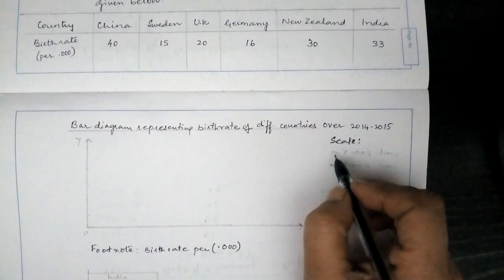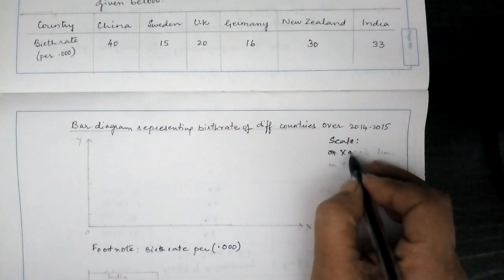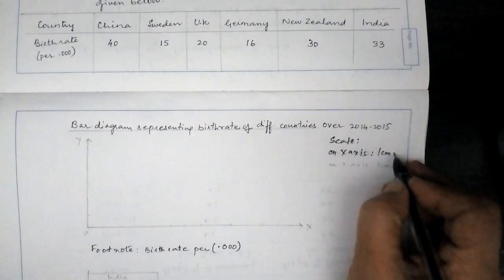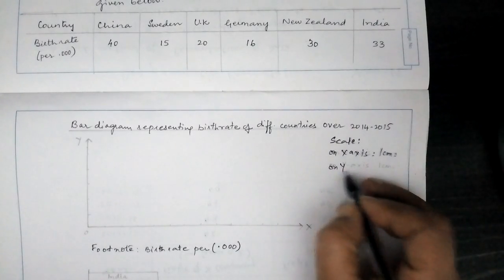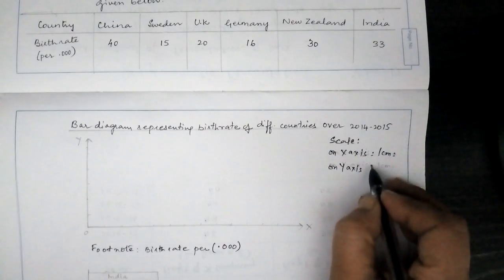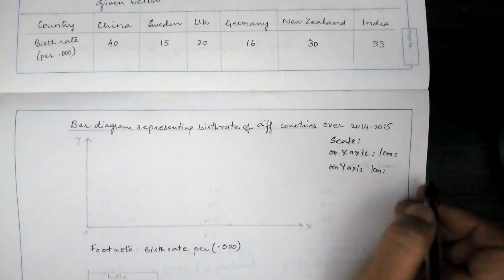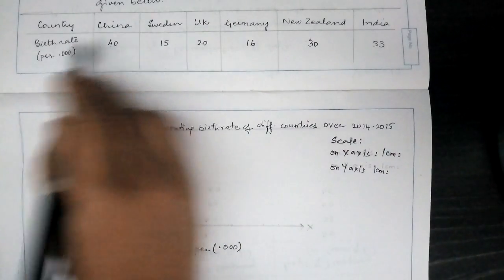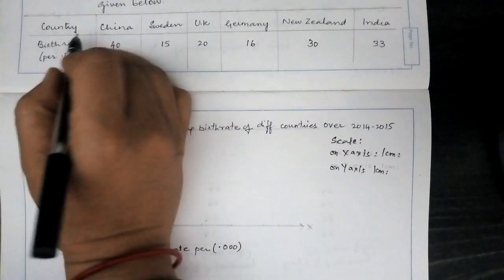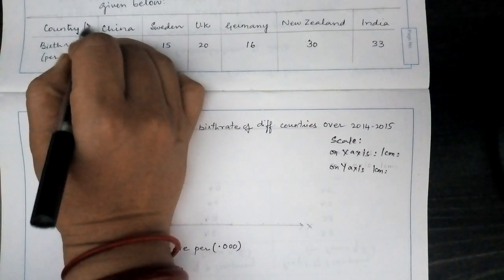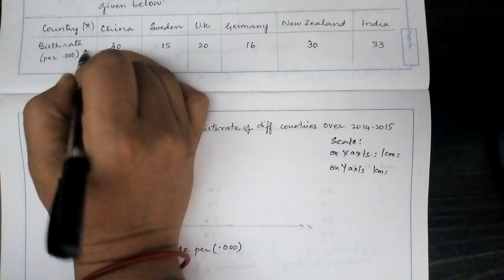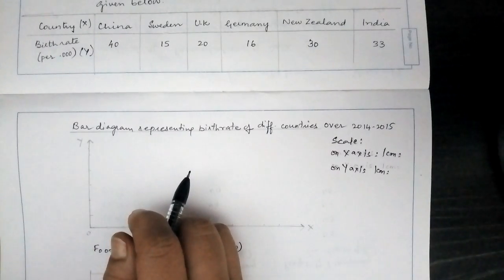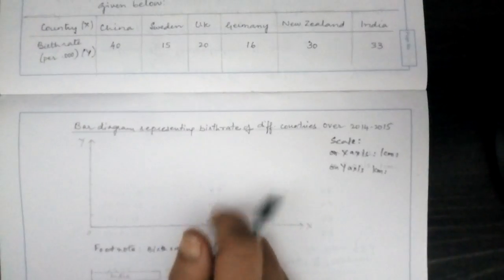On the x-axis, what is the scale? 1 centimeter would represent what? And on the y-axis, what is 1 centimeter taken as? Generally, when we are given data like this, the first one, the country, would represent the x-axis and the second one represents the y-axis. This is the general way of writing a table.